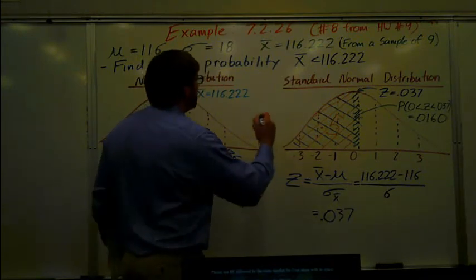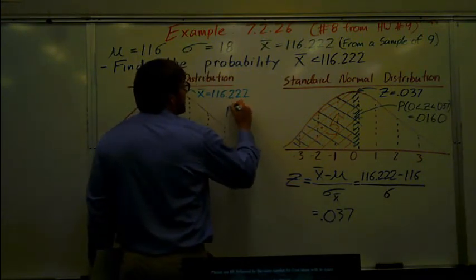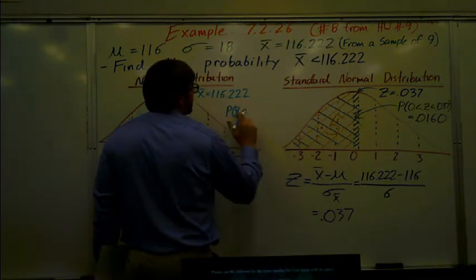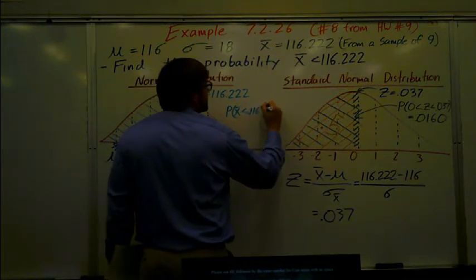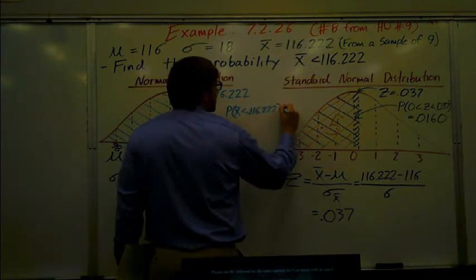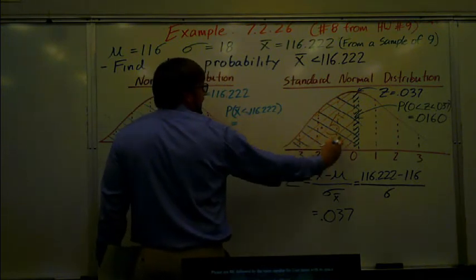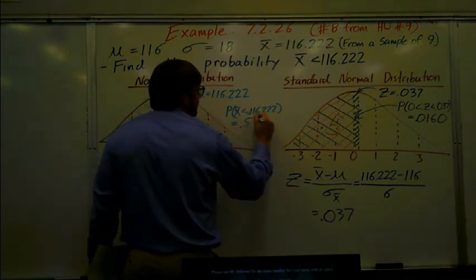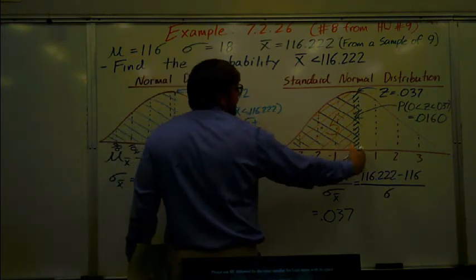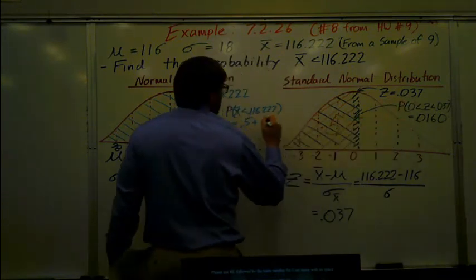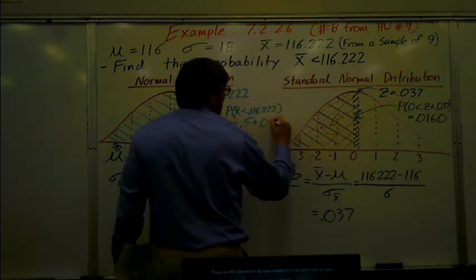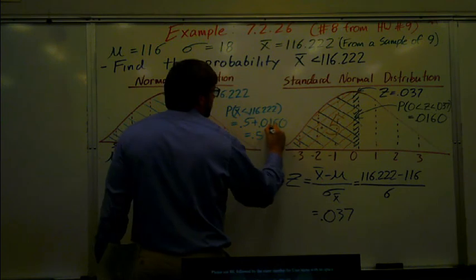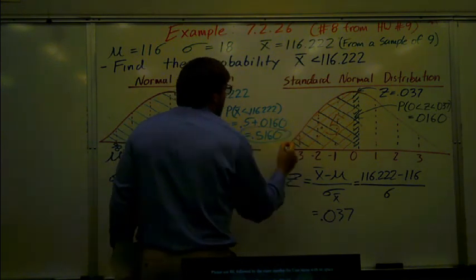So the overall probability of getting an x bar value that is less than 116.222 is going to be equal to that area from 0 to negative infinity, or the 0.5, plus that area from 0 to the positive 0.037, which is 0.0160. Add those up and you get 0.5160. And that's the final answer.